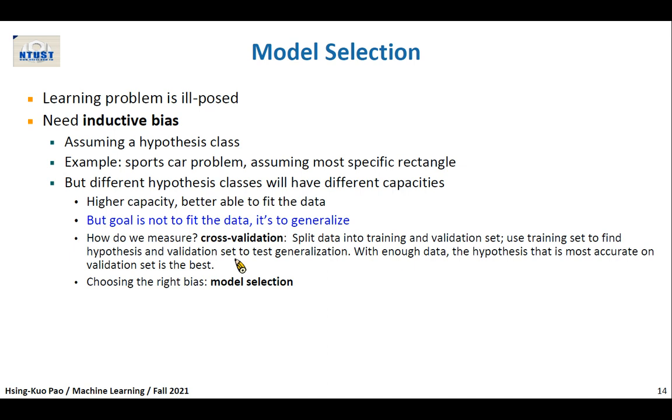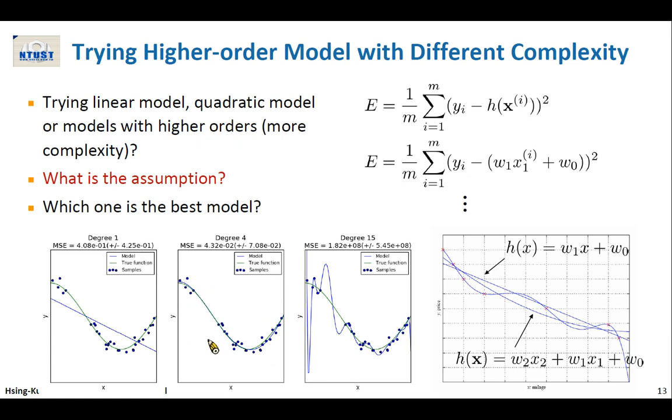Cross-validation is that, let's say we have 100 data points, we choose some percentage to train our model, then use the model to predict the rest of the data that was not included in the training data, right?